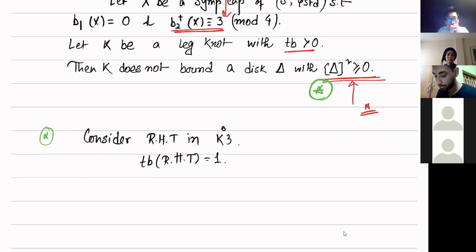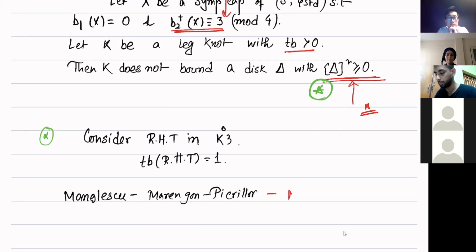But here is an interesting result proven by Manolescu, Marengon, and Piccirillo. And I improved this result a little bit.